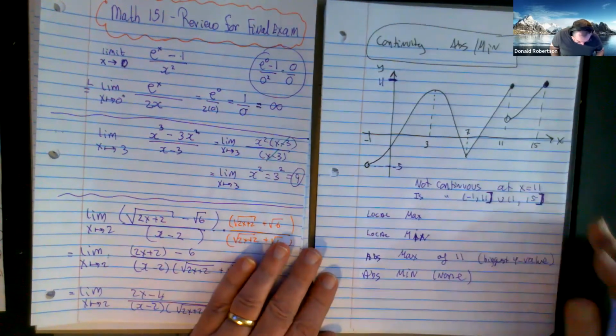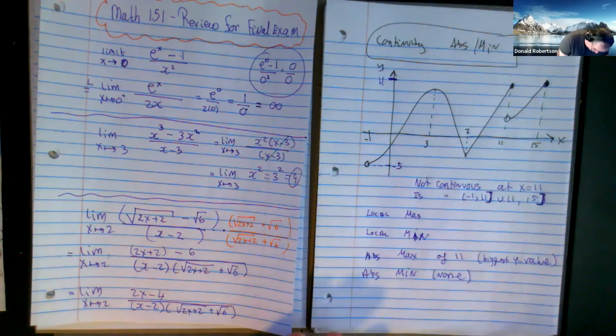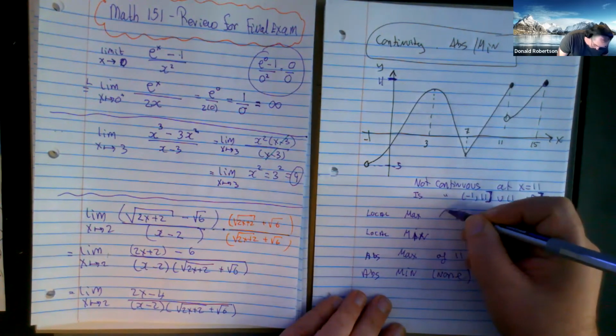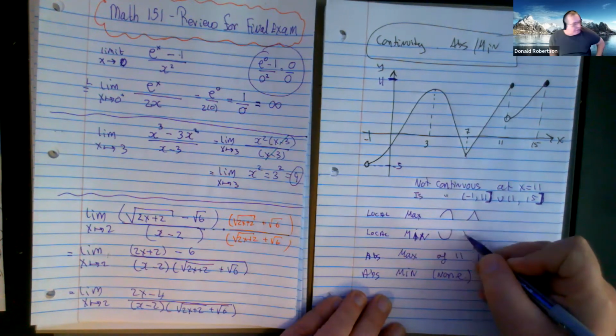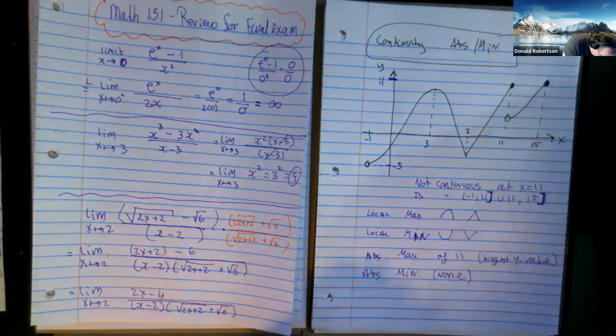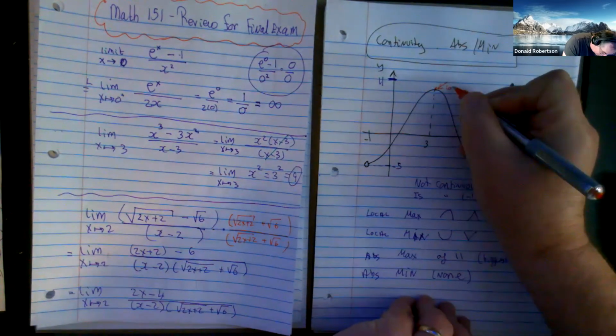There's a big disagreement about local max and mins. And not just me, a lot of people, local maxes have to be hills and local mins have to be valleys, right? That's the convention that I would use. So in this shape here, wouldn't this point here be a local maximum?